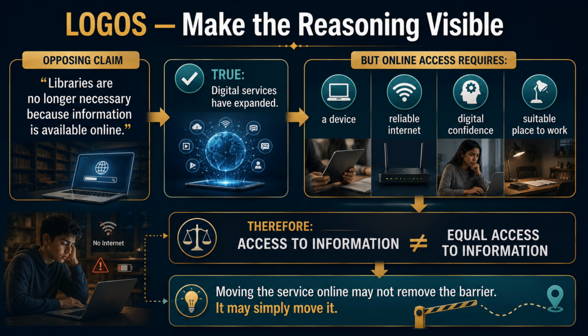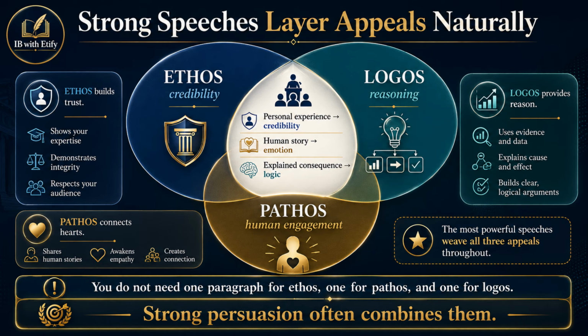Online services require a device, a reliable connection, digital confidence, and often a suitable place to work. If closing the library removes those things from people who already have the fewest alternatives, then moving the service online has not removed the barrier. It has simply moved it. That is logos. The conclusion comes from the reasoning.